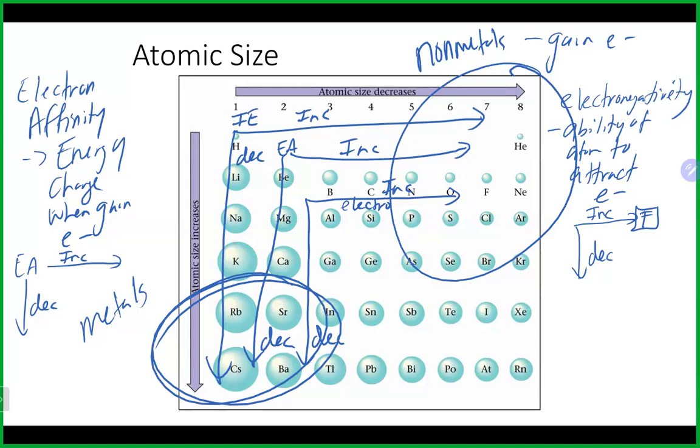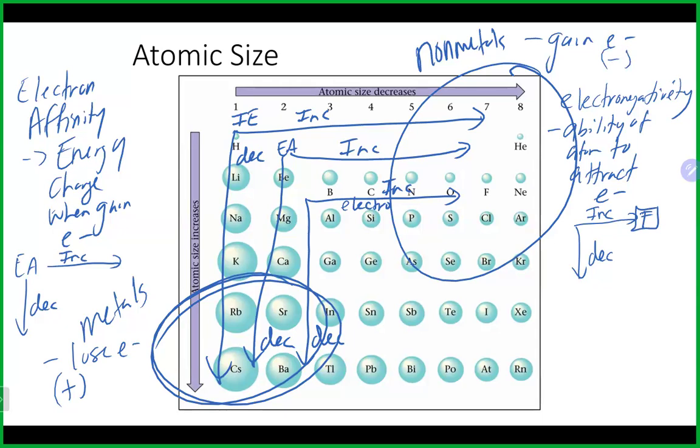They have low electron affinity and low electronegativity, which means they're not really interested in gaining electrons. They're pretty much interested in, go ahead, take my electrons. I don't really want any. Go ahead and take them. And that's what we see with metals. Typically they are the ones that will lose electrons and become positively charged, while nonmetals will become anions, which are negatively charged because of these.